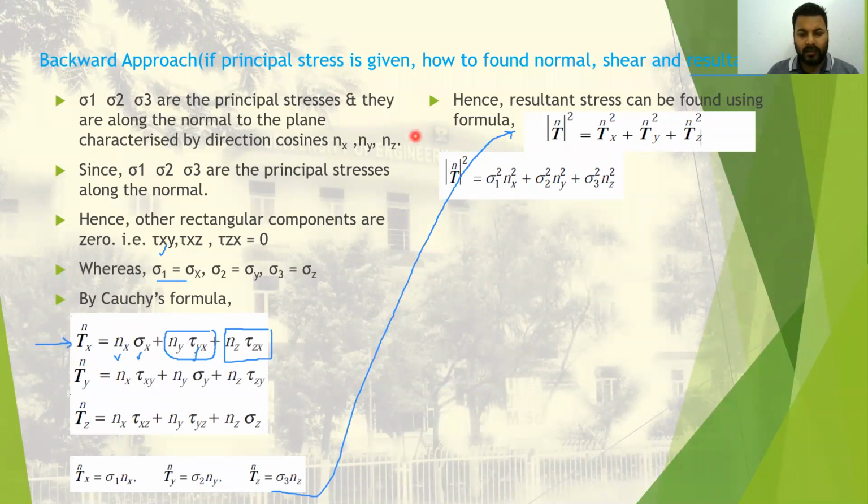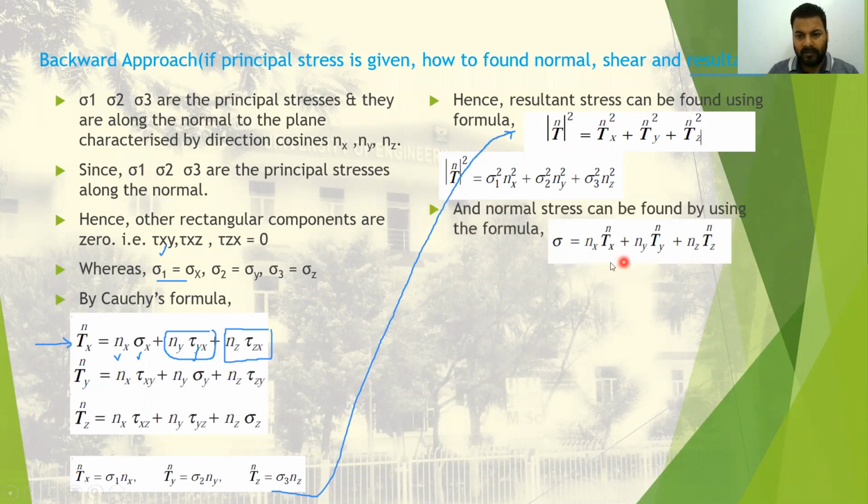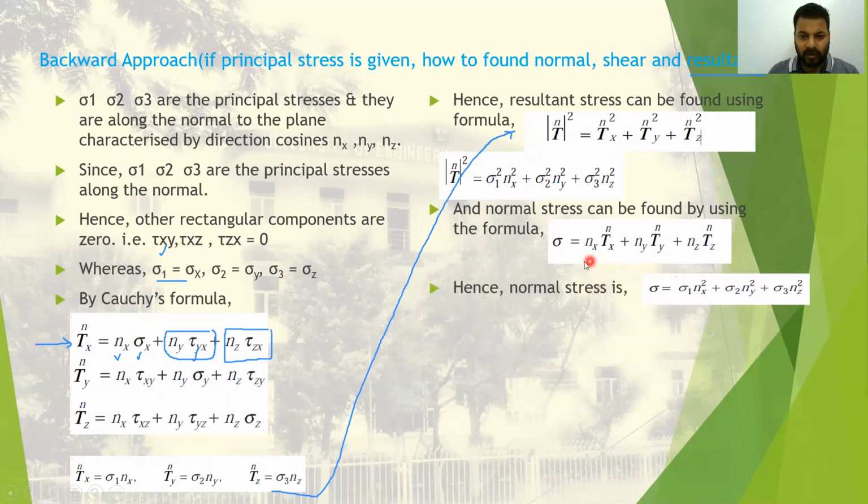We know that the normal stress can be found by using this formula. We have the values of Txn, Tyn and Tzn, and nx, ny and nz should be multiplied with them. So the normal stress is like this. Sigma equal to sigma 1 nx squared, because Txn was multiplied by nx.